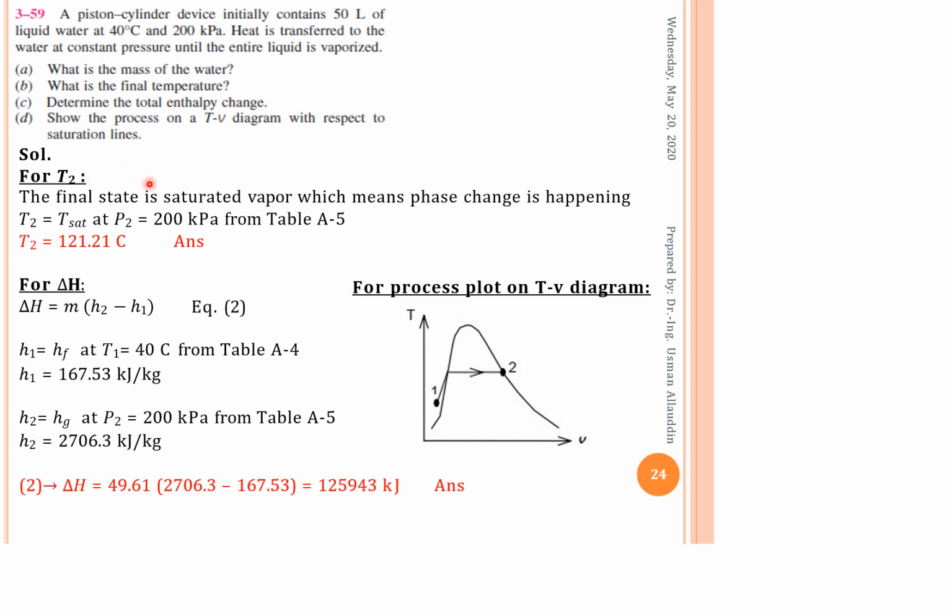So in order to find our temperature 2, we know that our pressure 2 is 200 kilopascal. By looking into table A5, we can find our temperature 2, which is 121.21 degrees Celsius. So here's one thing, that our state 1 is in compressed liquid, while our state 2 is in saturated vapor.